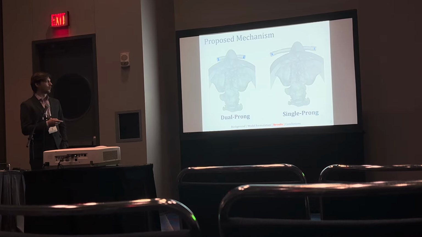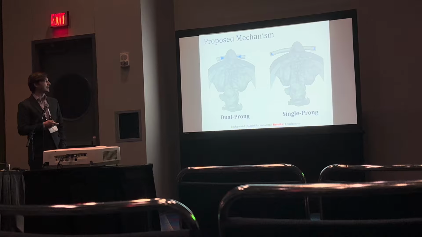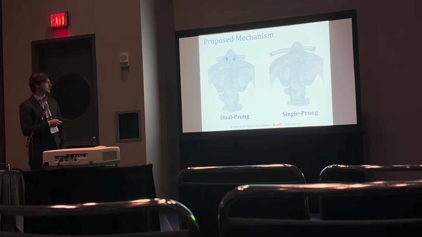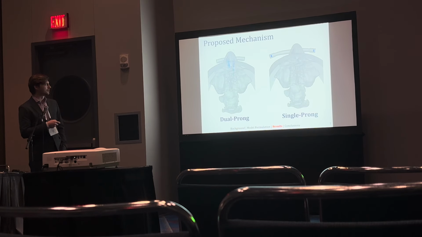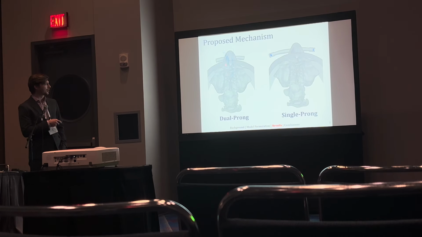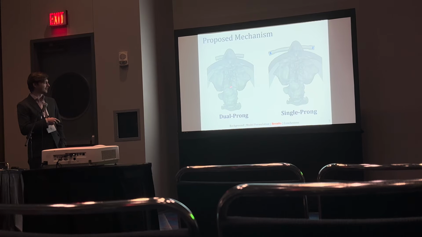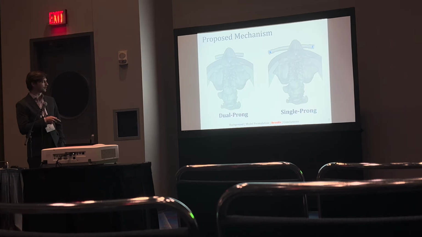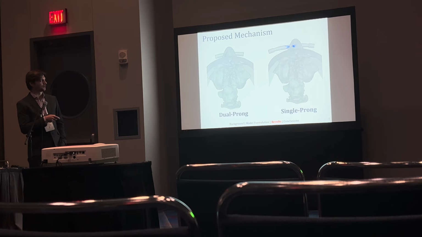Now, the proposed mechanism to combat this increased CO2 retention is a single prong cannula. So these are path lines colored by mass fraction CO2, and for the dual prong, you can see the therapy flow is being injected into the upper airway, but then not much of it is reaching the furthest back portion of the airway and mixing with this expiratory flow, which is what we want.